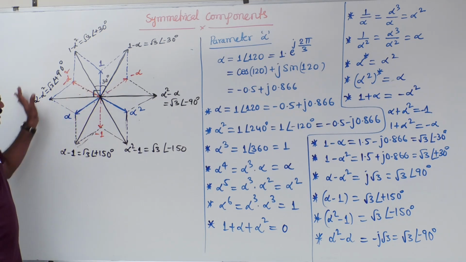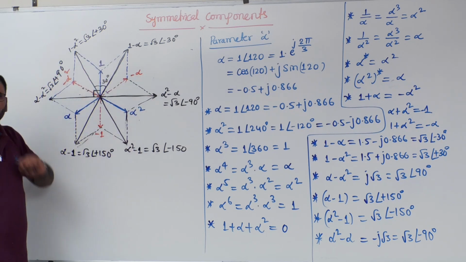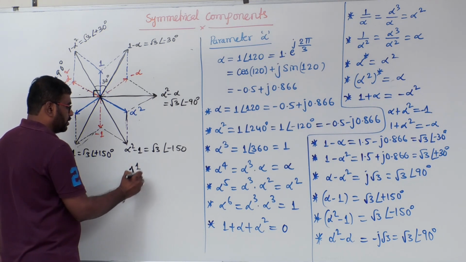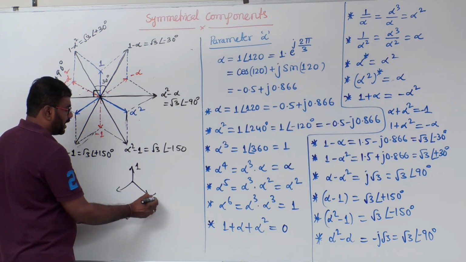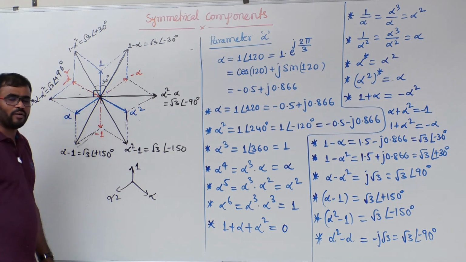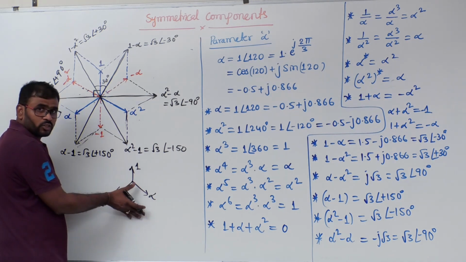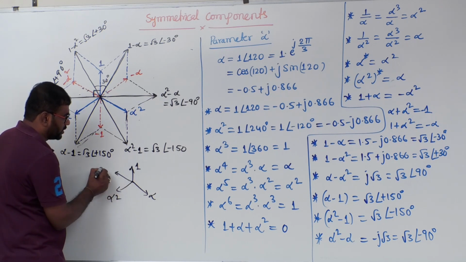Understand, sir? You don't need to write all these phasors here. You just remember this: 1, alpha, alpha square. If anybody asks what is the value of alpha square minus alpha, once you have this picture, then this is minus alpha.